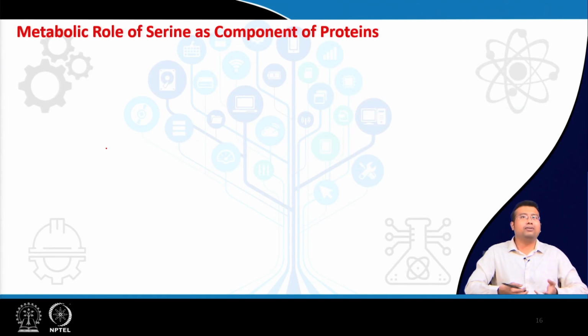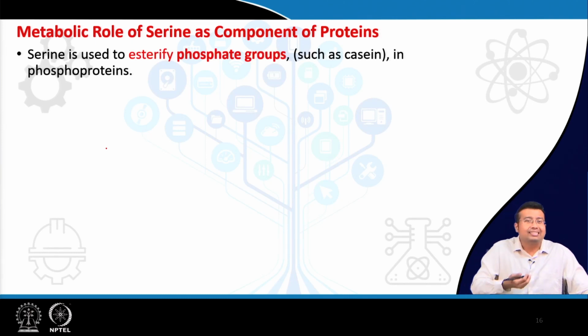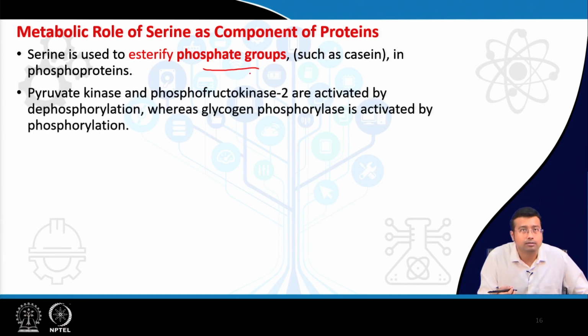So, what is the role of serine as a component in protein, right? Serine is a very important part of protein. It is used to esterify phosphate groups in multiple proteins, for example casein, very important. Serine helps in phosphorylation, right.